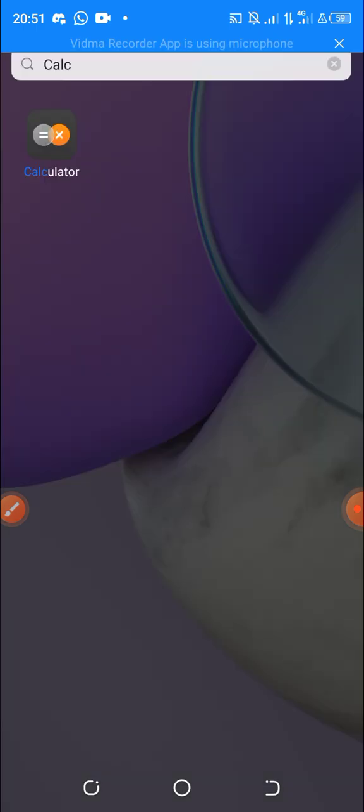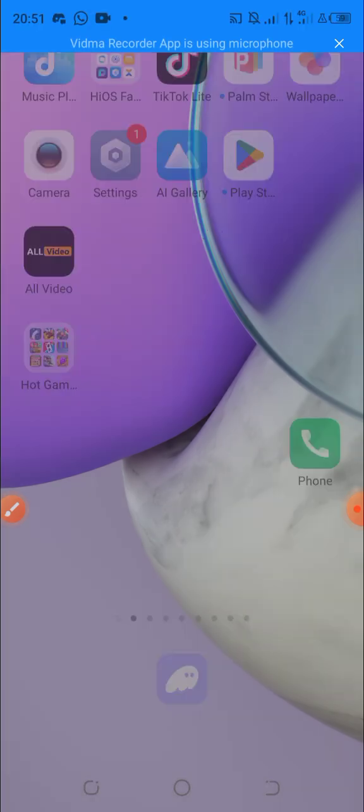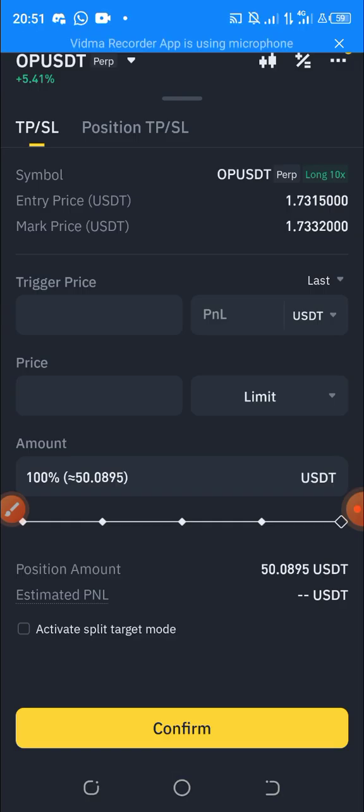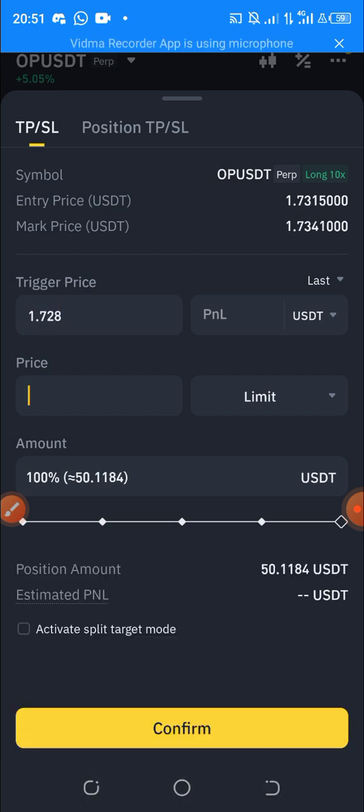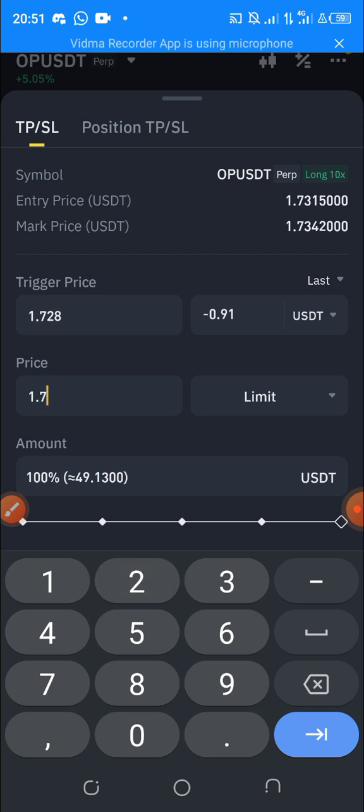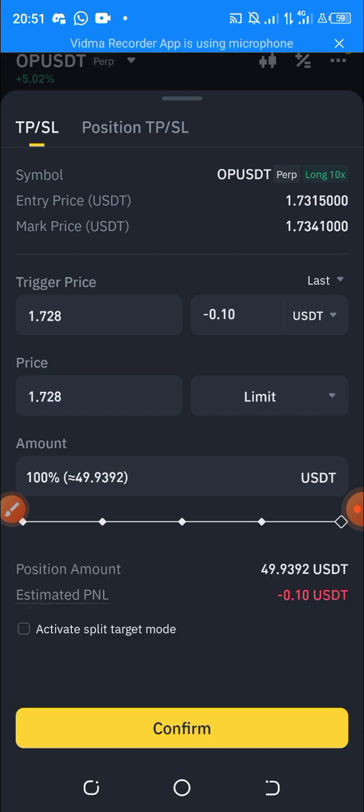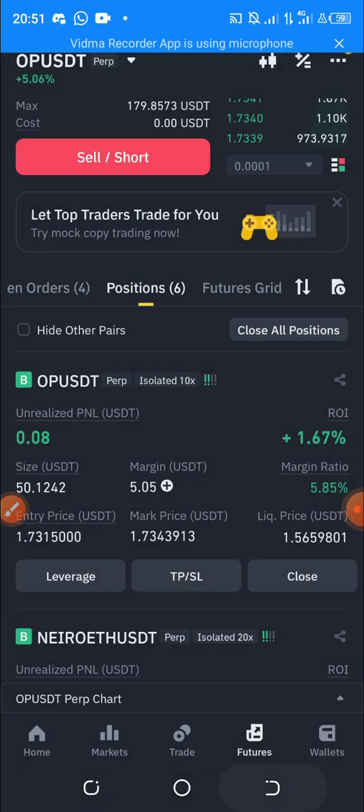So I will go to my take profit. I will set 1.728 trigger price. So once it gets to 1.7, there's a mistake here. 1.731. Okay, sorry. I entered it at 1.731.